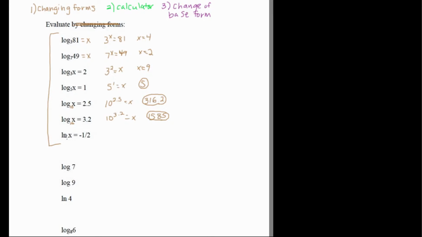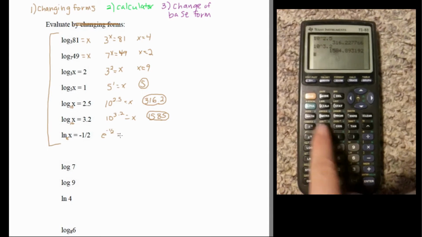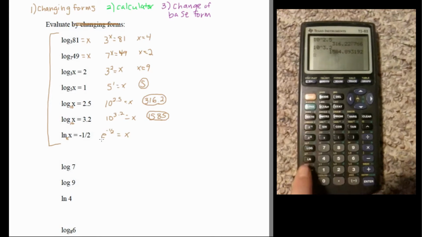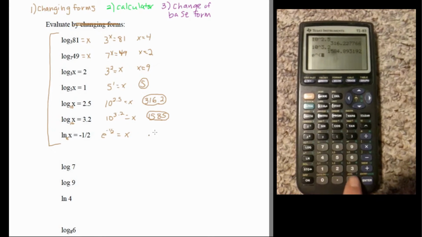Natural log actually is shorthand for log base e. So this means e to the negative 1/2 equals x. So we can just type this into our calculator and come up with x is equal to about 0.607.